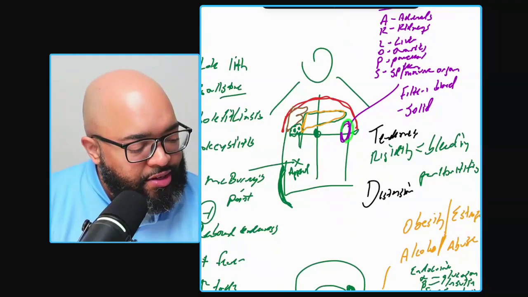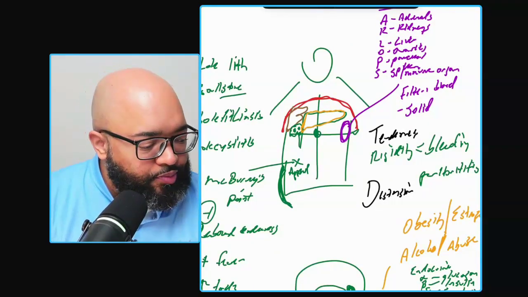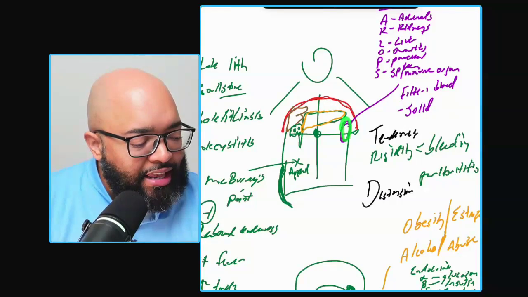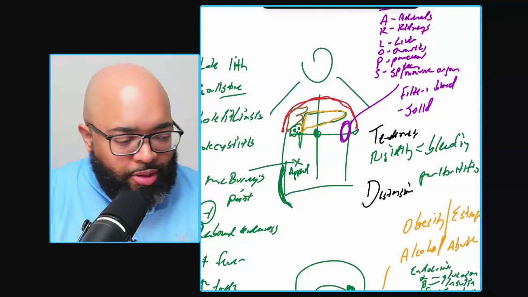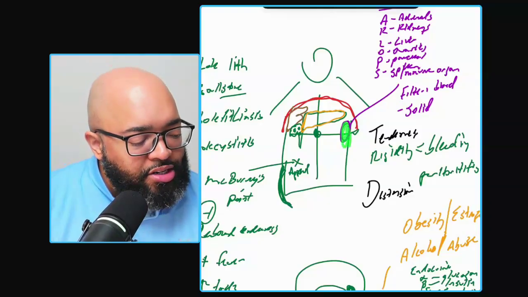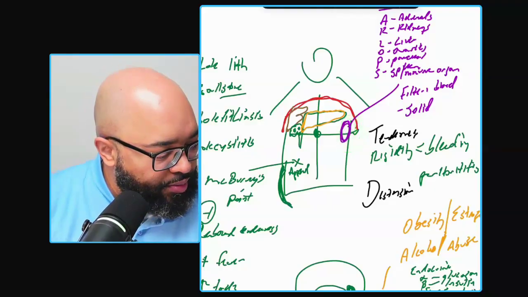Who else has a spleen that gets big? This spleen can get filled with blood because it naturally has blood in it. But let's say you get a whole bunch of blood, the spleen gets bigger. What's the word for spleen getting bigger?